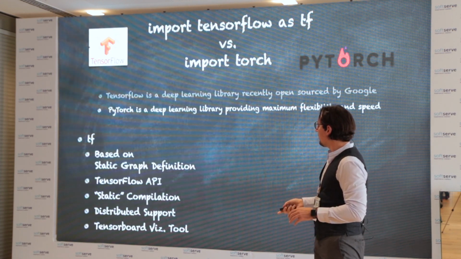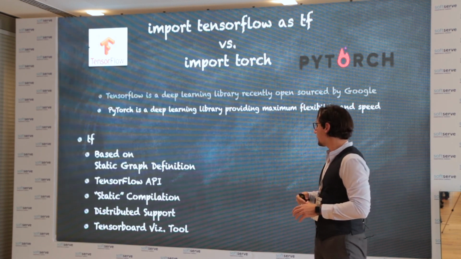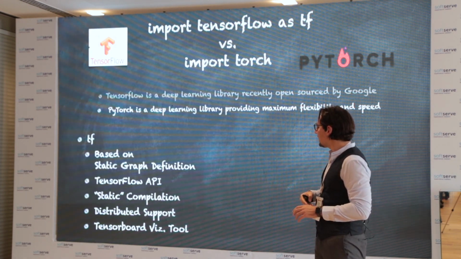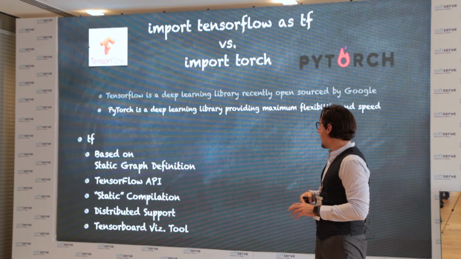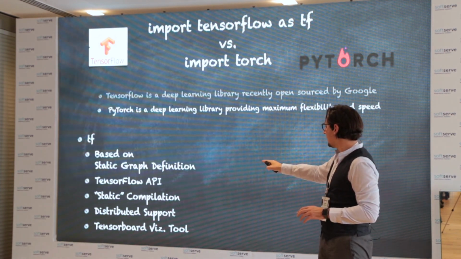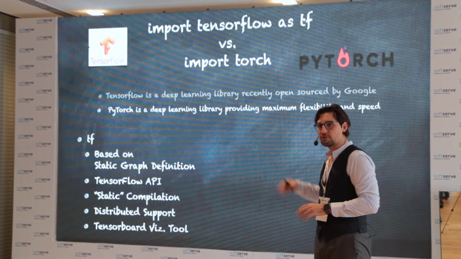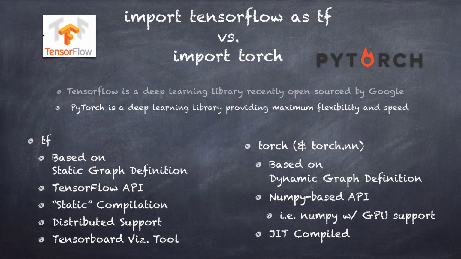In general, TensorFlow is based on static graph computation, as we said. It has a TensorFlow API, static compilation and distributed support, and there's this killer application, which I will show you some examples of, called TensorBoard, which is a great visualization tool for your neural network experiments.